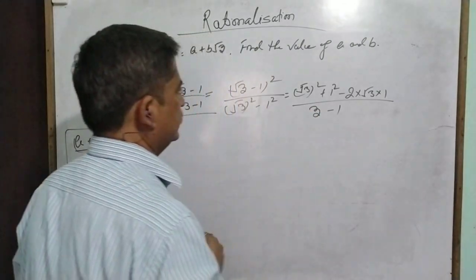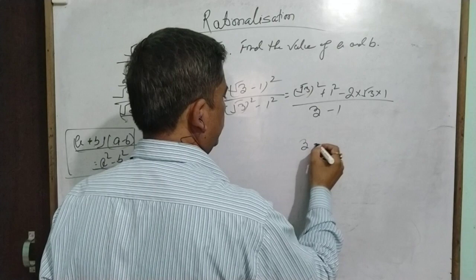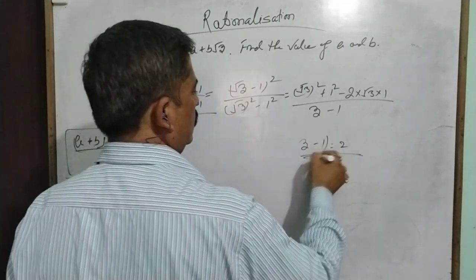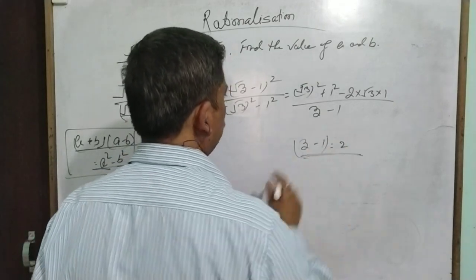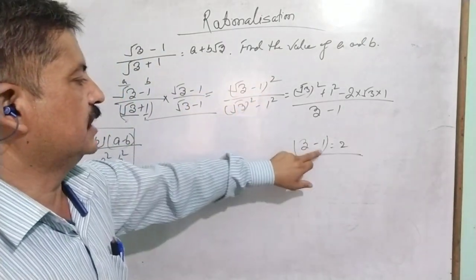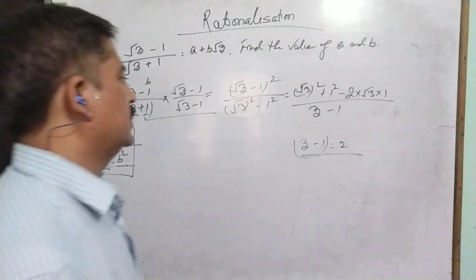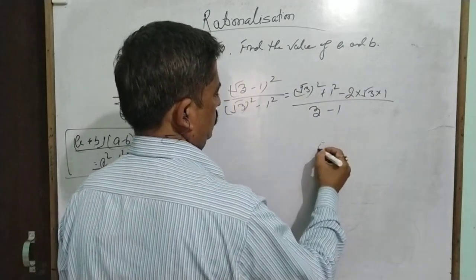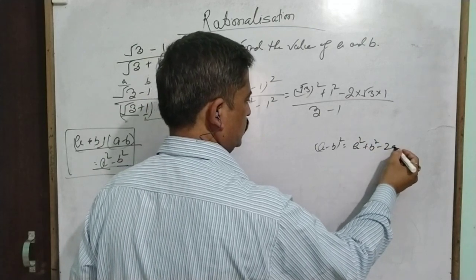Some students have written that root 3 minus 1 whole square is equal to 3 minus 1, which is 2, whole square. No, that is wrong, because the identity for a minus b whole square is a square plus b square minus 2ab.